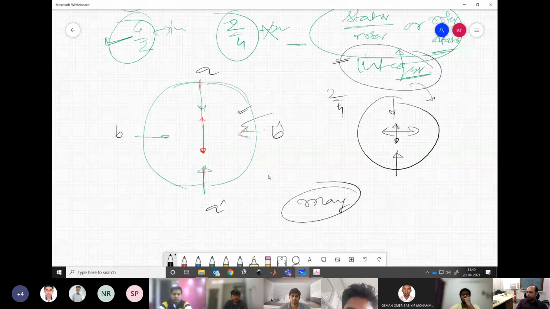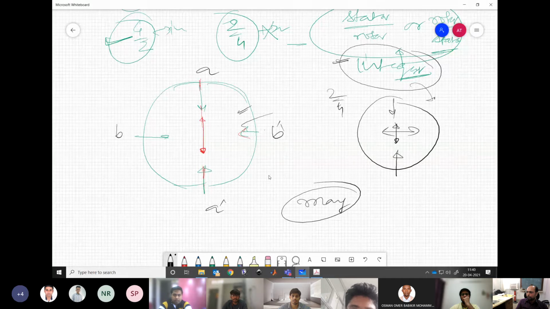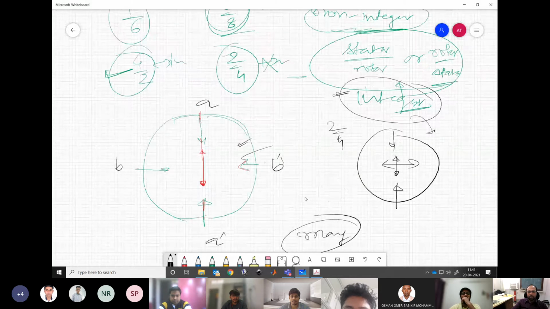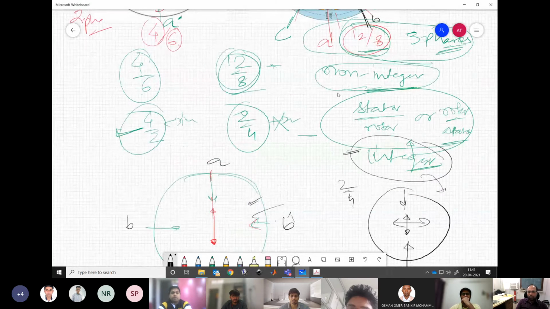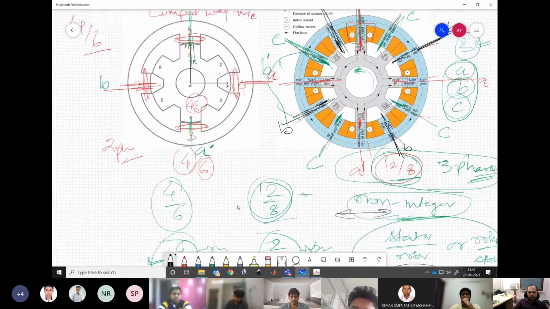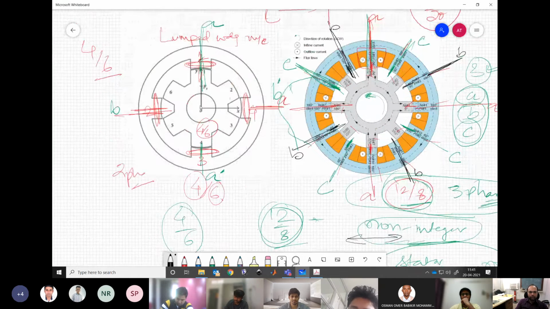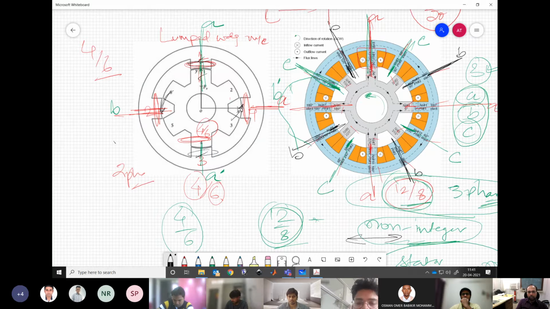Is that clear? Yes, sir. So generally we have combinations of stator and rotor which are non-integer, so that even if one is aligned, let us say in a position like this, even if this is aligned fully and you have taken a little more time in reducing the excitation, you still have the possibility of this getting aligned to the second phase.